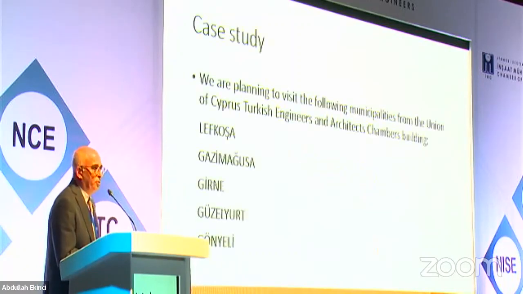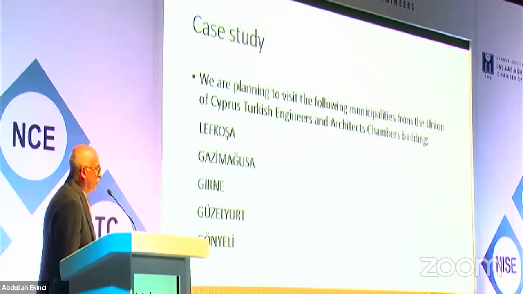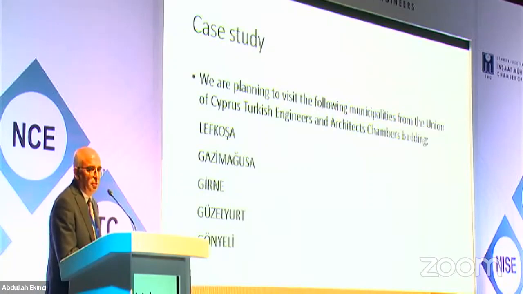So here I assume that the union of the engineering chambers and the architects, let's say they have to visit and deliver a new building code to certain municipalities. And I picked only 5 of them. Of course, we can solve it for 20 municipalities easily.